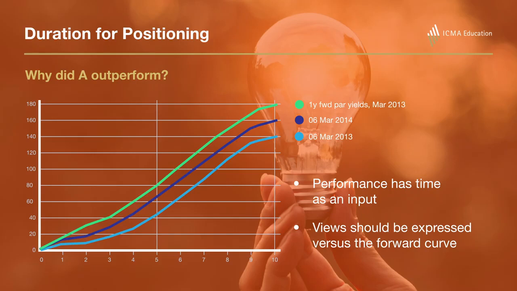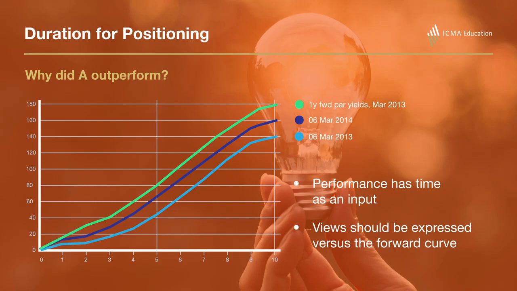What we see here is that for the upward sloping curve, when we calculate the forward par bond yield, so where the market is pricing the bond yields a year later, the green curve is quite a lot higher than the light blue one. It's also higher than where the yields ended up, the dark blue curve.